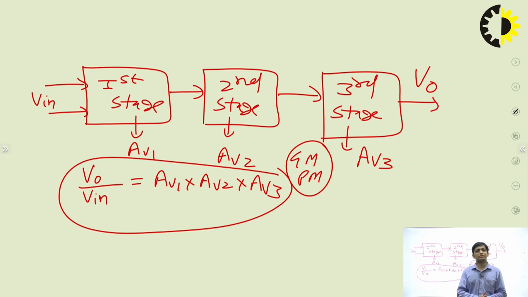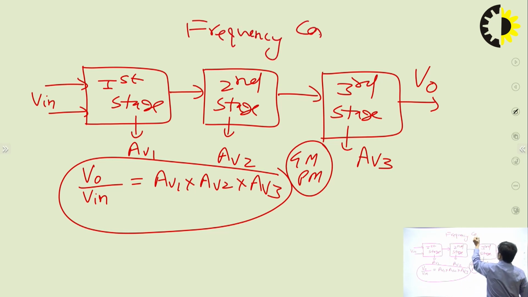Normally for any circuit, the minimum phase margin required is 45 degrees, but the optimum value of the phase margin required is 60 degrees, right? Because in a multi-stage amplifier, because of the comparable poles and zeros, the amplifier becomes unstable. So to stabilize that amplifier, we use a technique called frequency compensation.